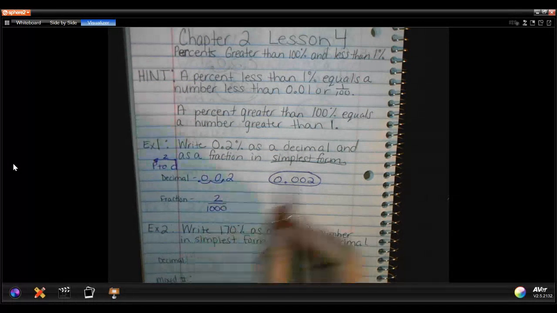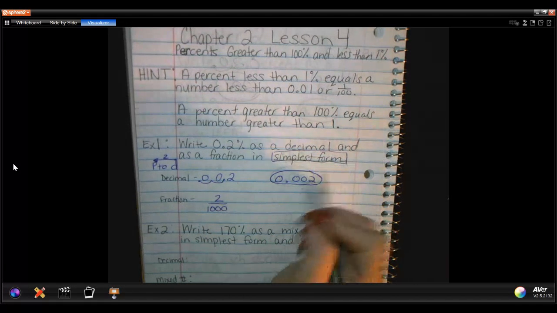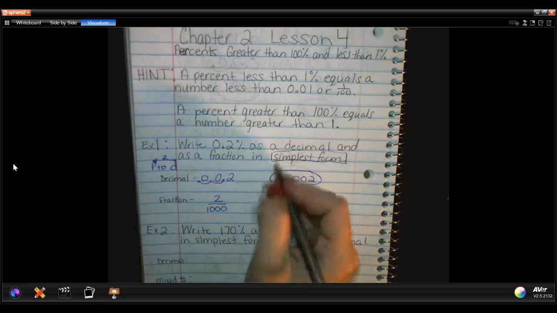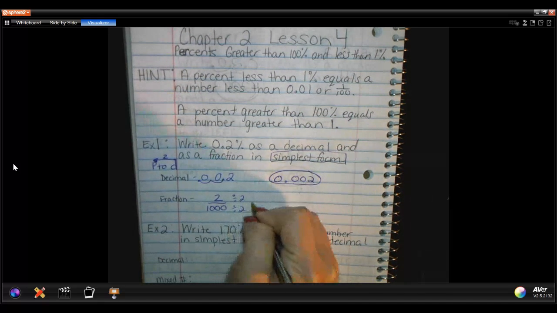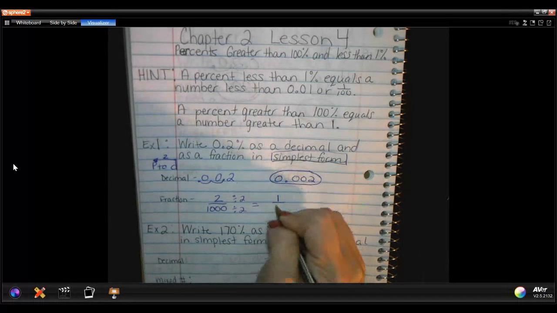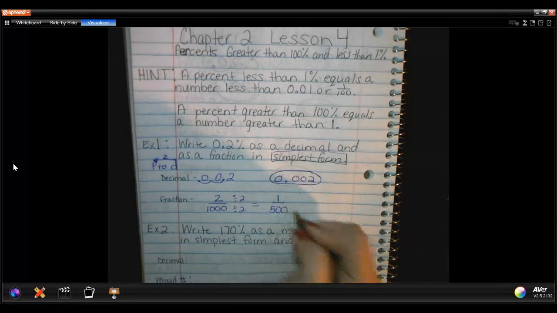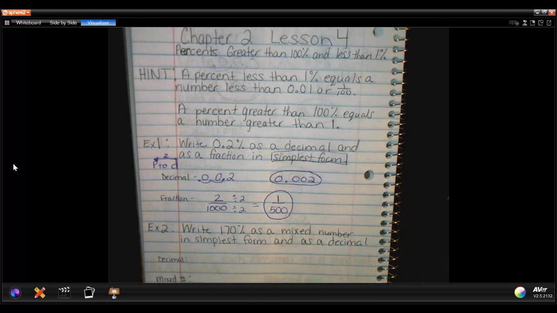Now I'm not done because it asked me to put it in simplest form. Because these are both even, 2 and 1,000, I can divide them both by 2. 2 divided by 2 is 1, and 1,000 divided by 2 is 500. So my final fraction here is 1 over 500.